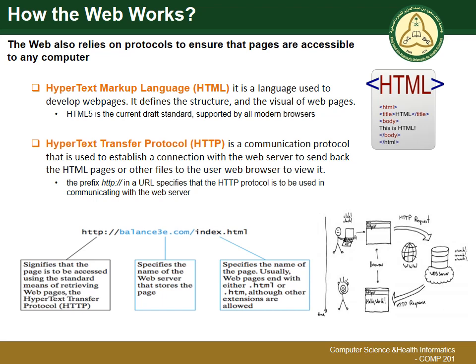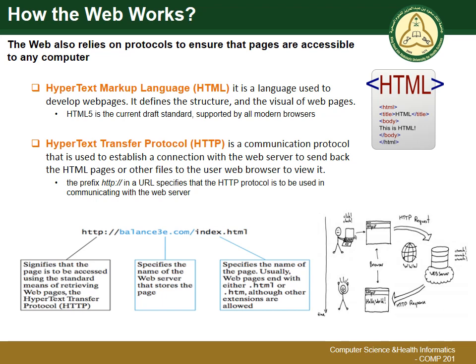Now let's see how the communication takes place between the web browser of the user and the web server to request a particular page. When the person requests a page, first the browser will identify the web server where the page resides. Then the browser sends an HTTP request to the server over the internet requesting the page.